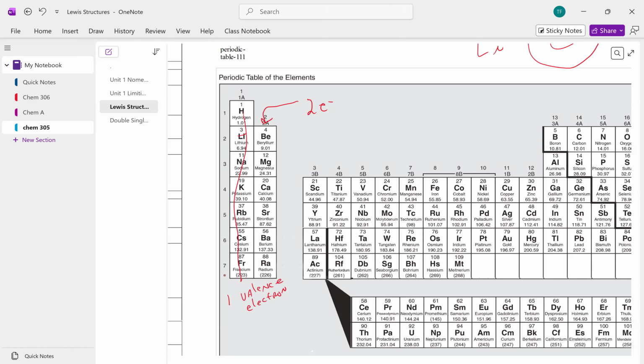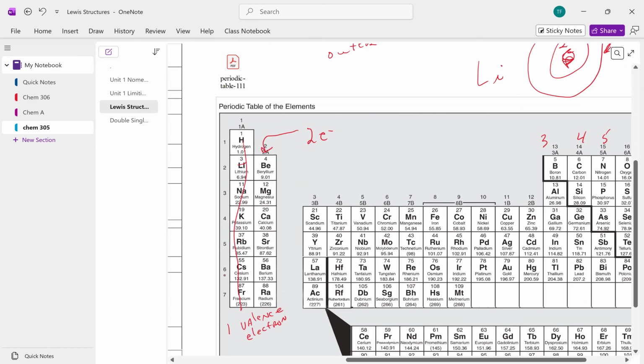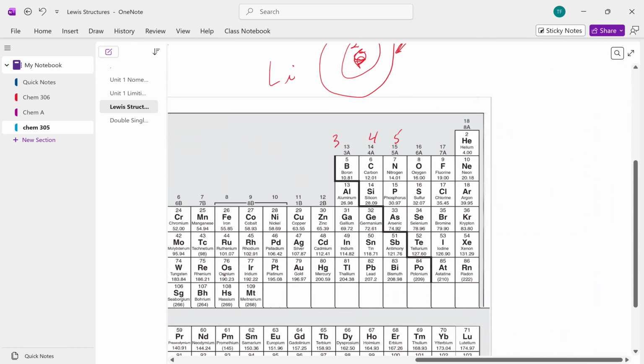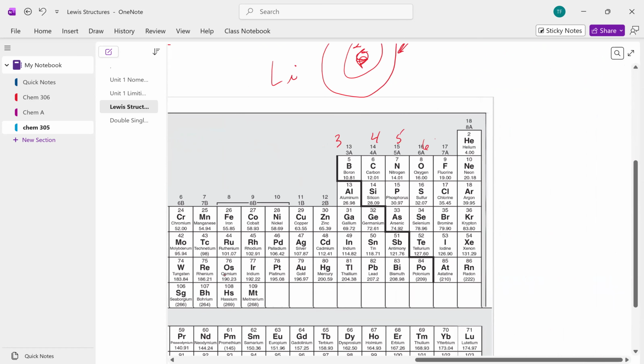And the next group over has 2 valence electrons. 3, 4, 5, 6, 7, 8.